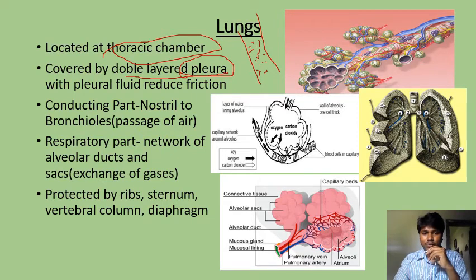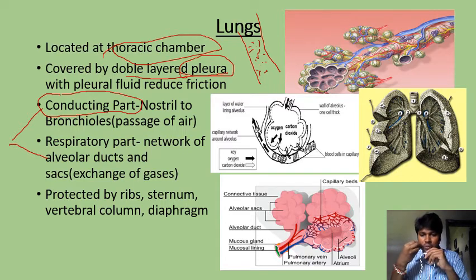If you see the structure of the lungs, you can find basically two parts. The first part is the conducting part and the second part is the respiratory part. The conducting part is nothing but the respiratory tree. In the previous class I told you, right from the nose there is a tubular structure till the alveolar sac, isn't it?